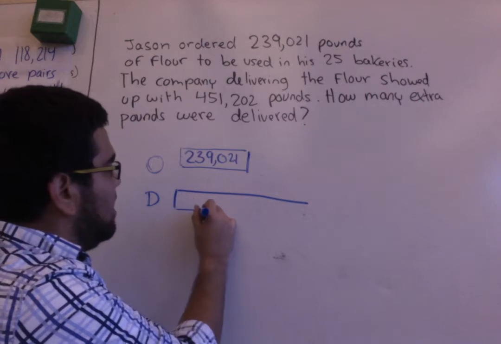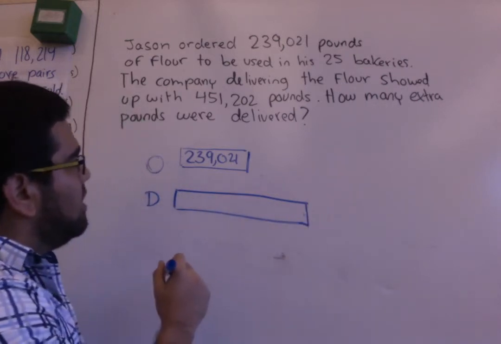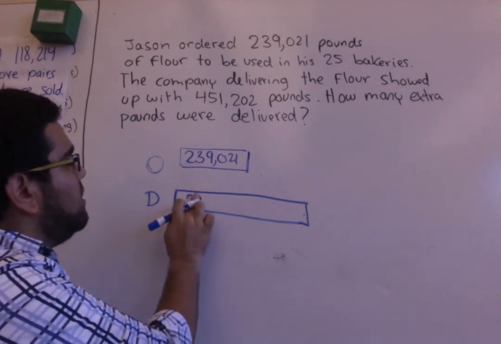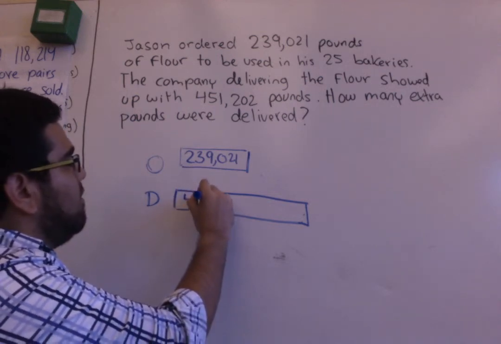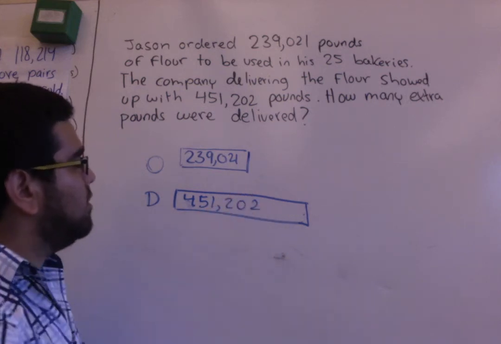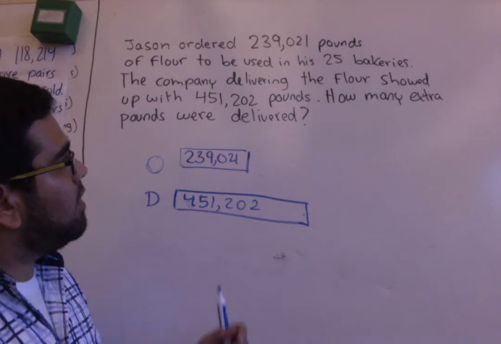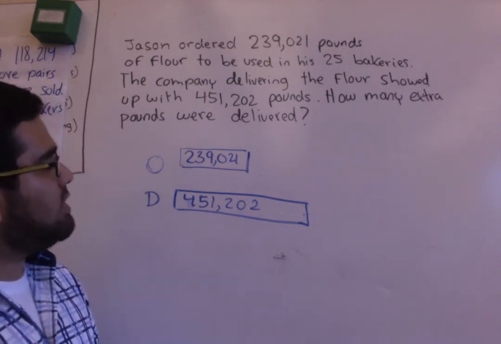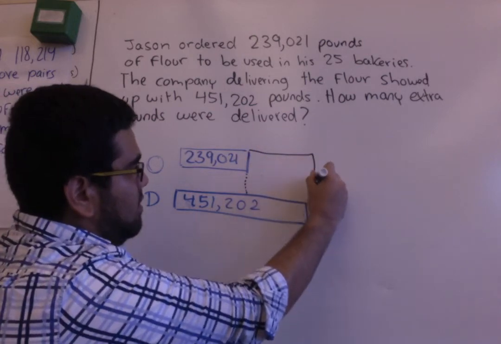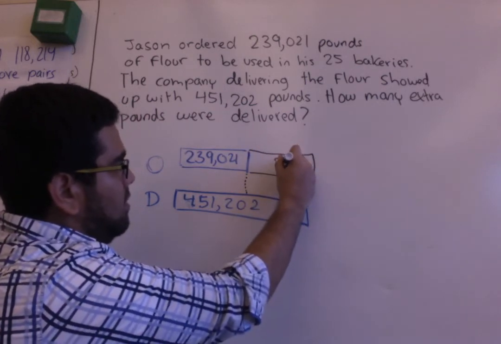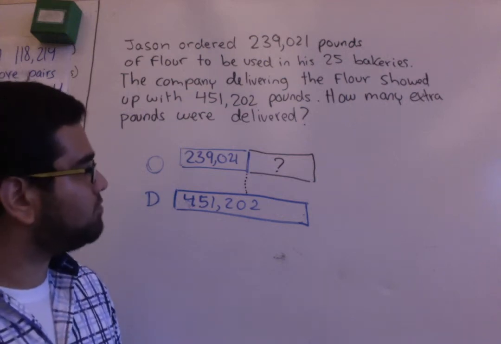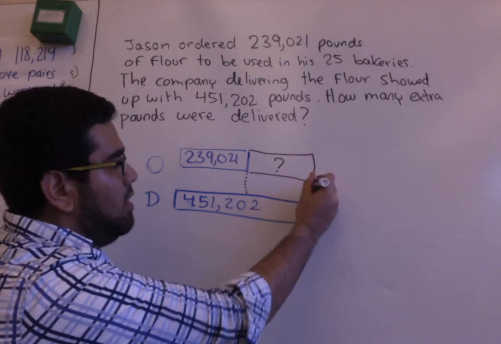So the number is greater than our order number. 451,202. Now, the question is, how many extra pounds were delivered? So basically, it's asking us for the difference, right? So that extra space is what we have to figure out.